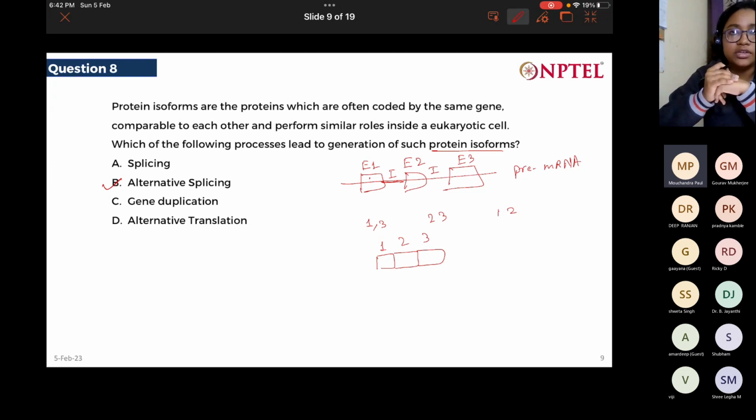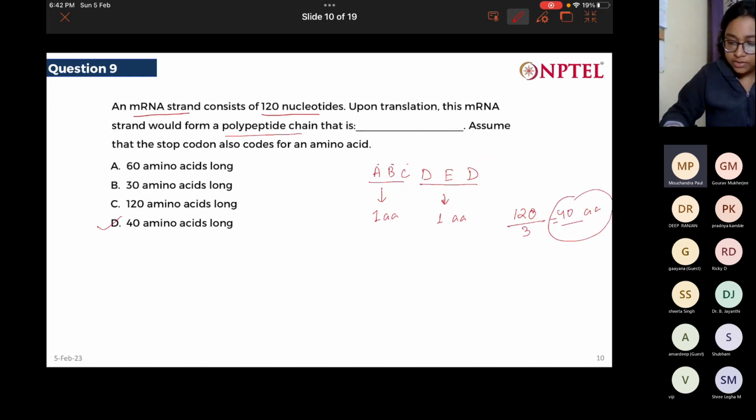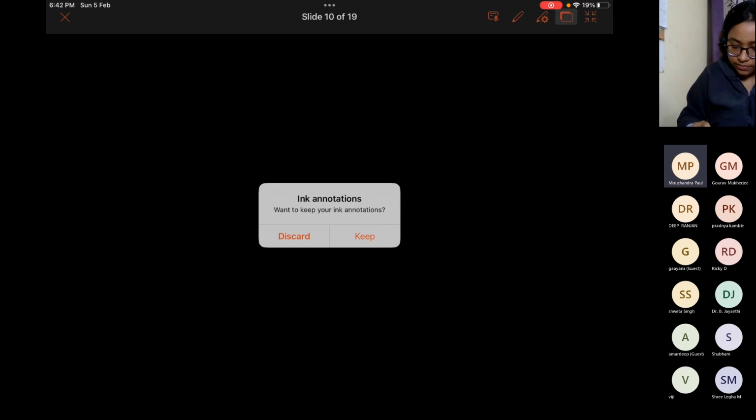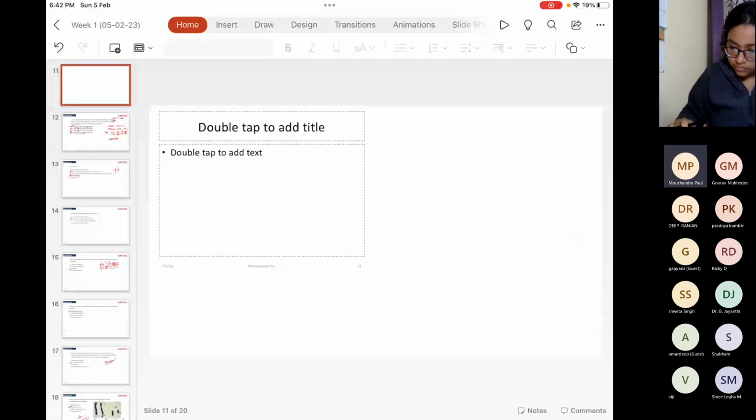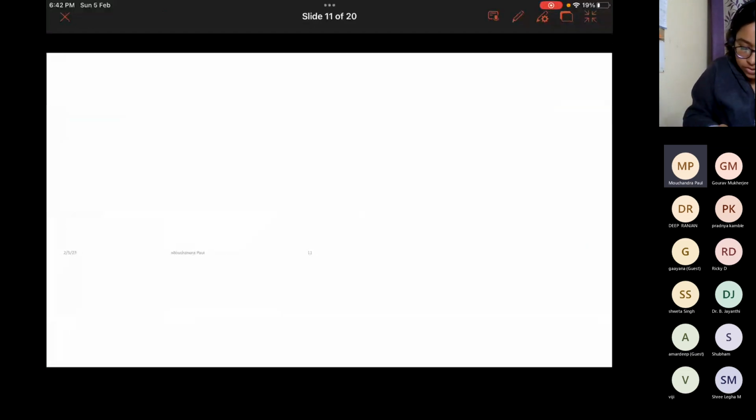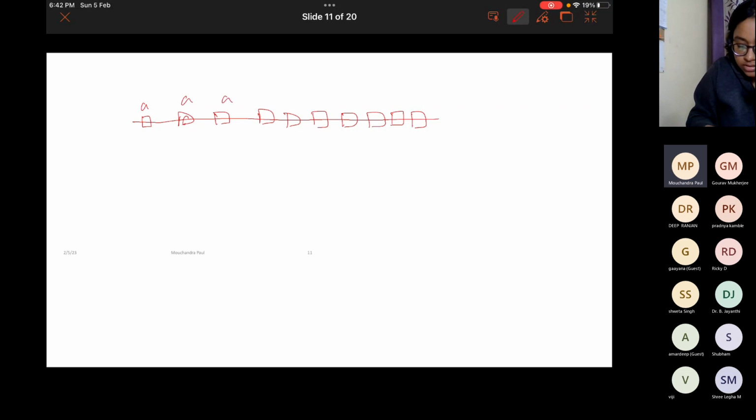So a truncated protein means, if I get a blank slide, say this line represents a polypeptide chain, and randomly, these are some amino acids.